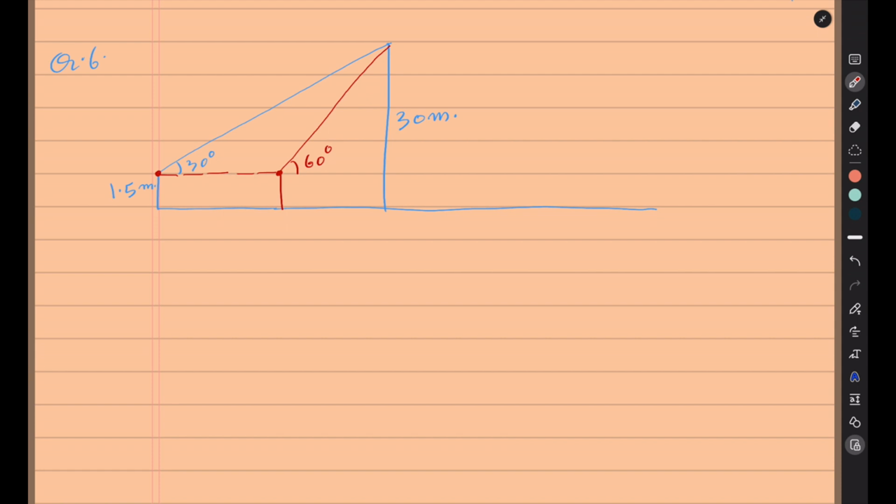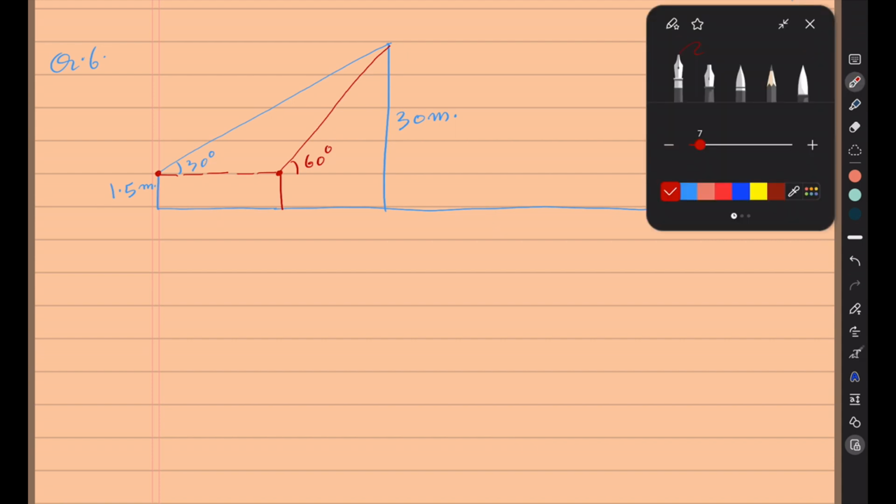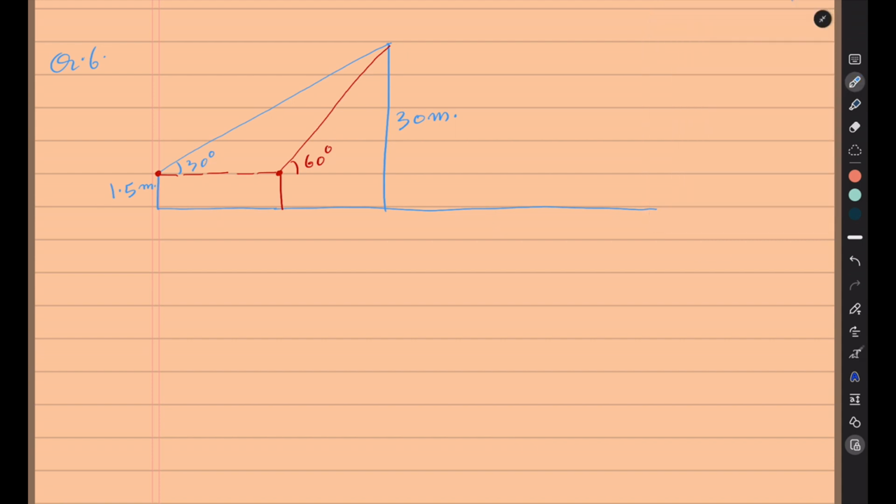First of all, let us be very systematic in our thinking. Our first step is to clearly mention all the points so that we can visualize the situation very easily.